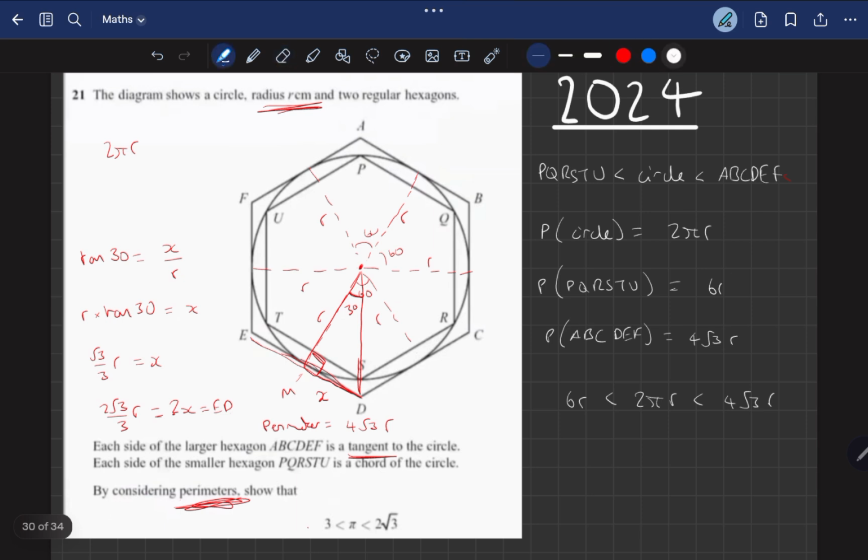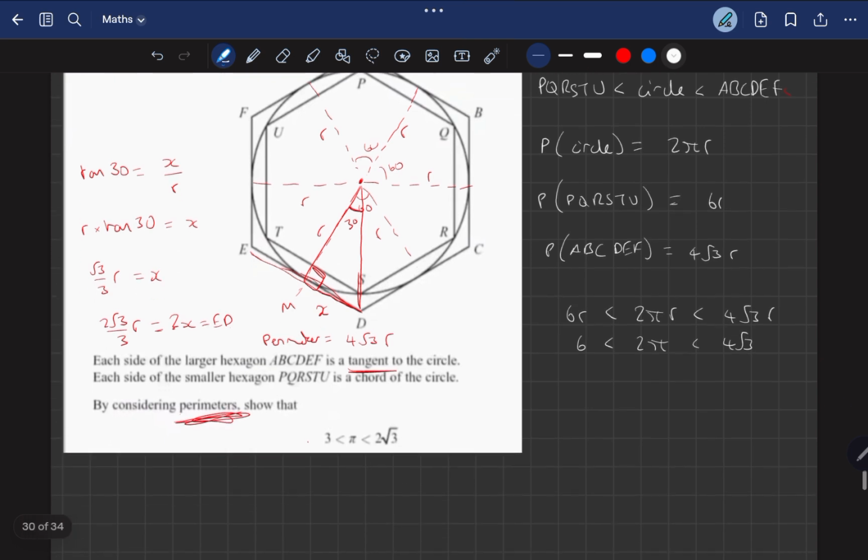Now, because r is positive, we can just divide everything by r. So 6 is less than 2 pi, which is less than 4 root 3. And we can also divide straight through by 2. So we have 3 is less than pi, which is less than 2 root 3. And there we have it, ladies and gentlemen. The inequality has been formed.